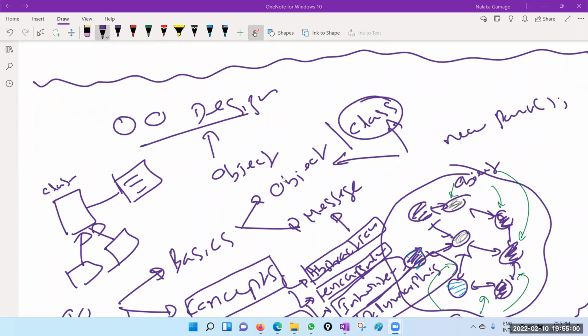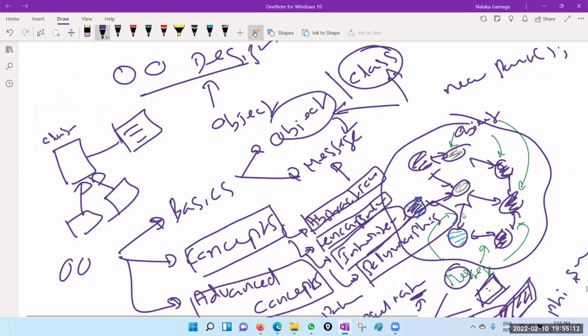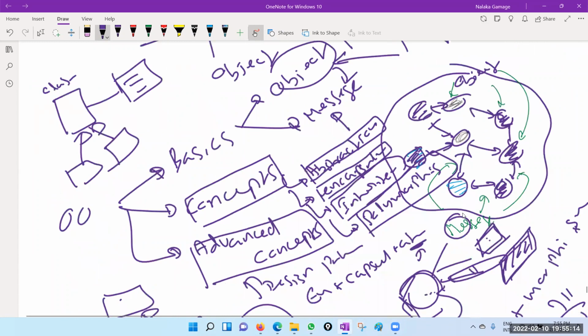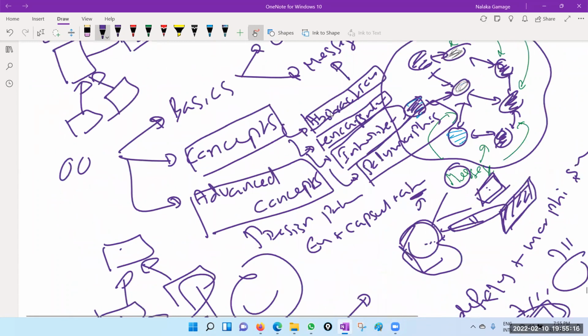That is all about how these objects pass messages to get things done. That is where you learn sequence diagrams and communication diagrams. Then the concepts of abstraction, encapsulation, inheritance, and polymorphism. And finally, the advanced concepts like design patterns and inversion of control. There are a few more which we will learn later.